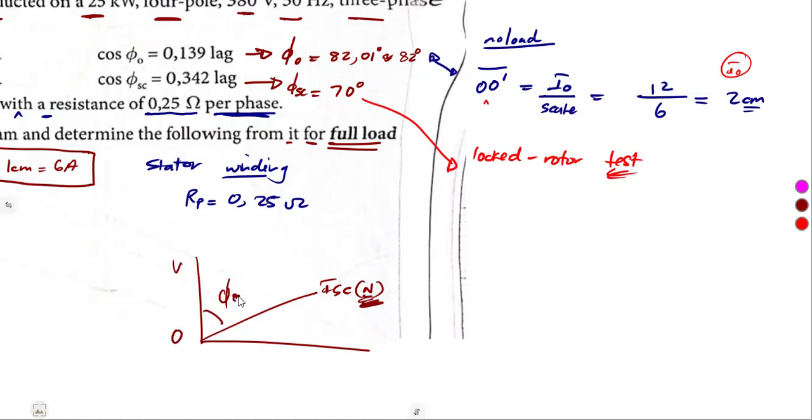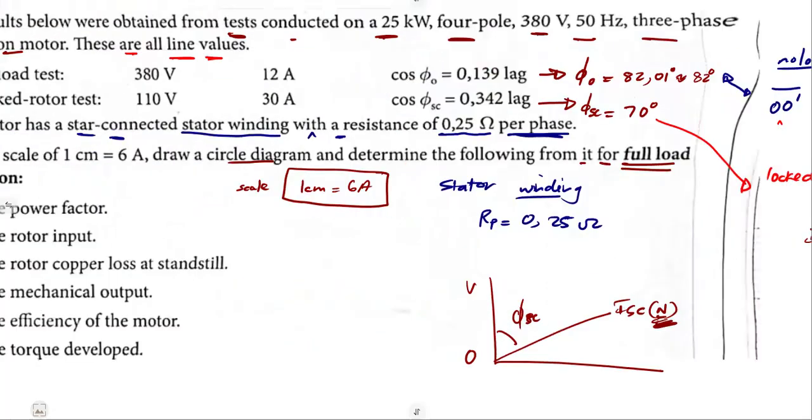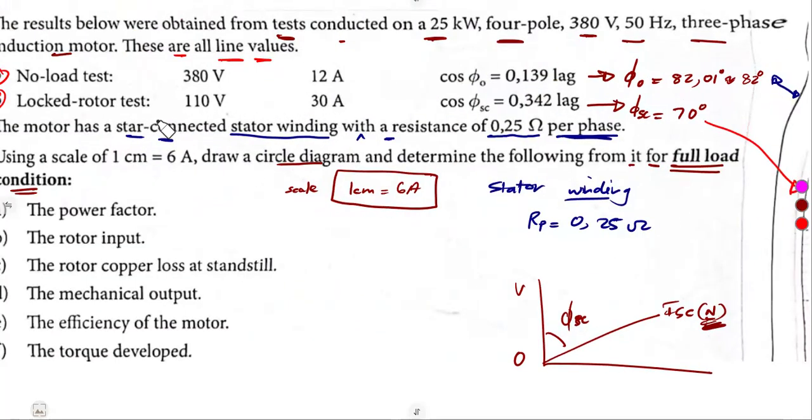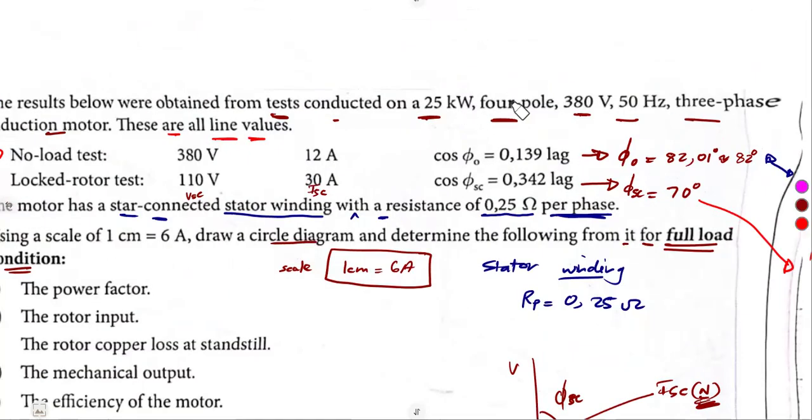So what we first need is the short circuit current operating at normal voltage, which is short circuit current times V rated over V short circuit, which are the test values that we are given. From our test values for the locked rotor, we have our short circuit current and also V short circuit. The rated value from the properties of the motor is 380 volts.